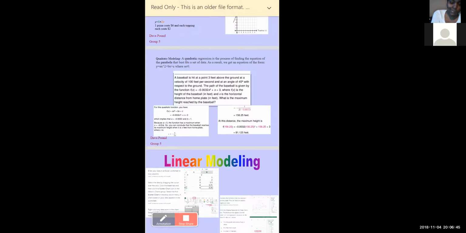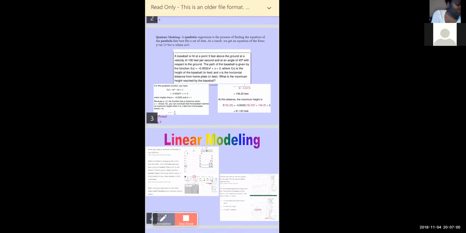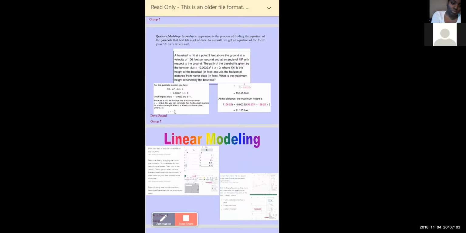With quadratic modeling, it's the process of finding the equation of the parabola that best fits a set of data. As a result, we get an equation of the form y equals ax squared plus bx plus c, where a cannot equal 0. So here, I use an example of a baseball being hit at a point of 3 feet above the ground, going at a velocity of 100 feet per second.